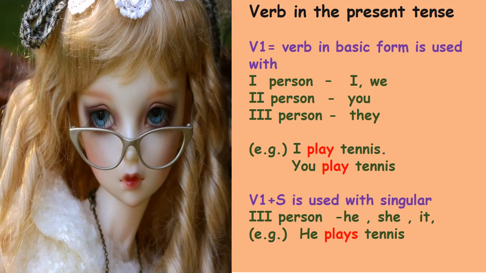We use the verb as such without any change in these sentences. Whereas when we use the third person singular, we must add s with the verb. Take the example, he plays tennis. Play is the basic form of verb. With this we add s and we write the sentence, he plays tennis. So we must add s with the verb when we use the third person singular he, she, it as subject.